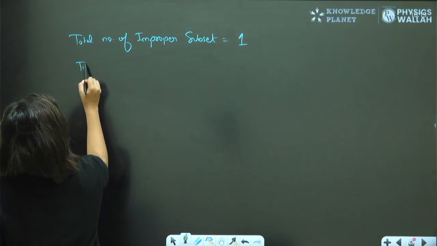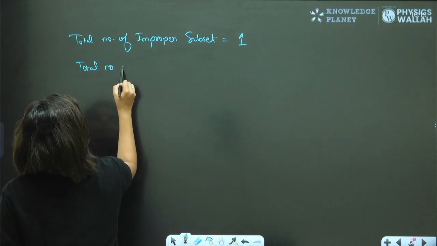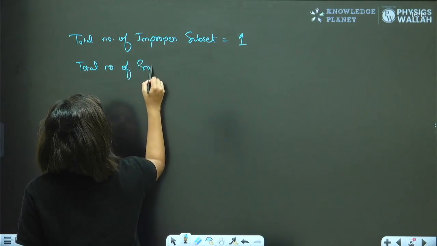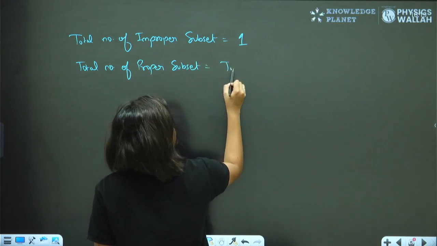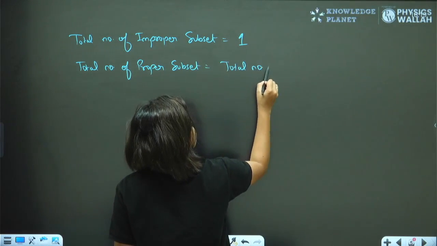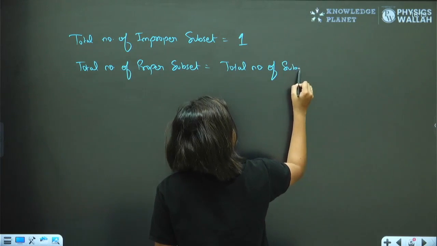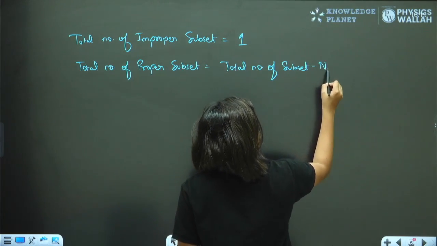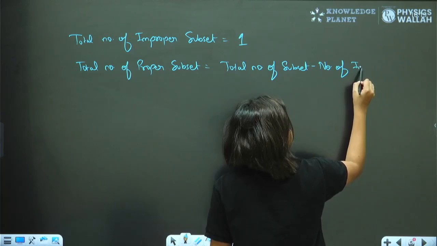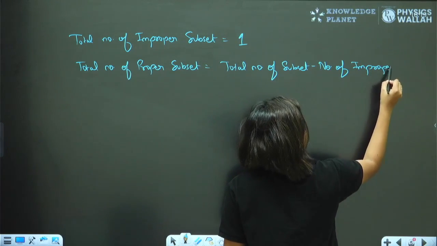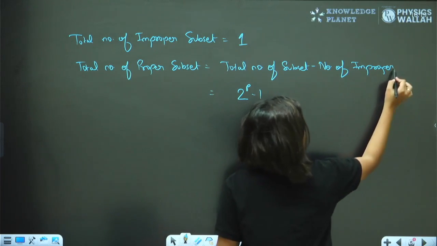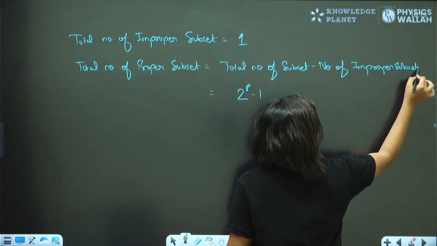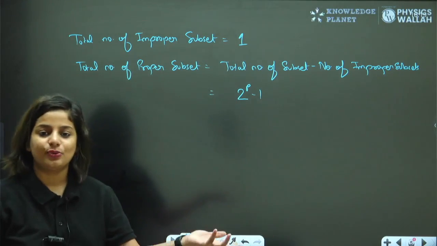So the total number of proper subsets will be the total number of subsets minus the number of improper subsets, which is 2 raised to P minus 1. That's all about subsets, right, guys?